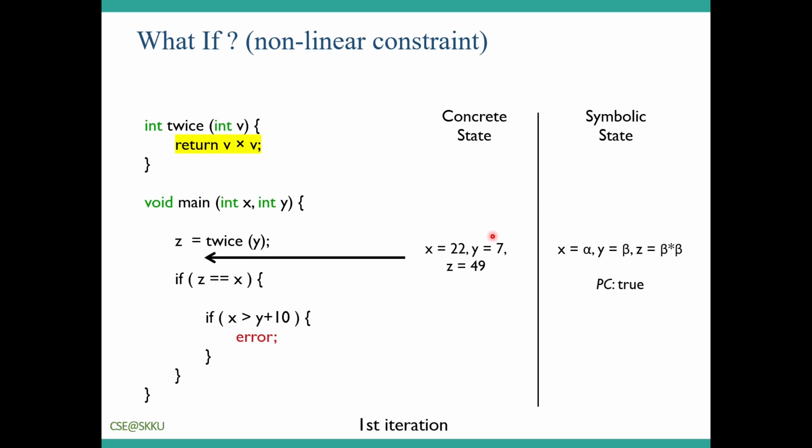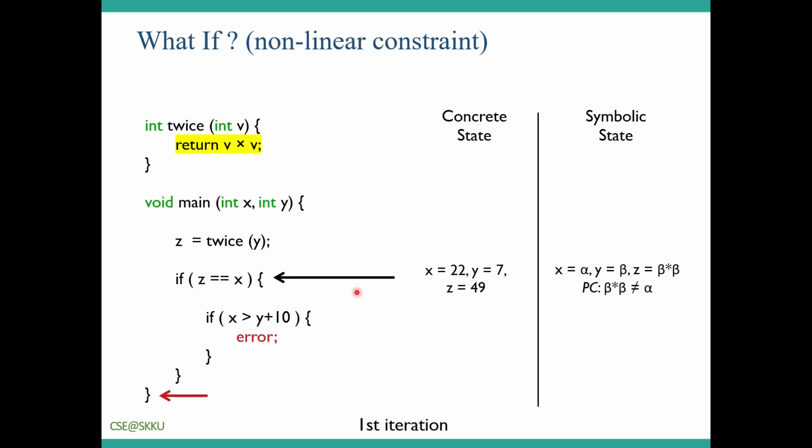At the next line, z becomes 49 in the concrete state since 7 squared is 49. In the symbolic state, z is updated to beta times beta, representing the square of the symbolic variable beta, and the path condition is still true.